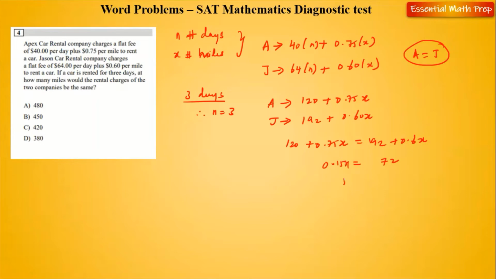So X would be 72 over 0.15 is 480, right? So 480 miles, if you're renting it and you're going for 480 miles, then I think at that point, irrespective of what the flat fee is or what's the charge per mile is, neither of the companies is going to cost any difference.